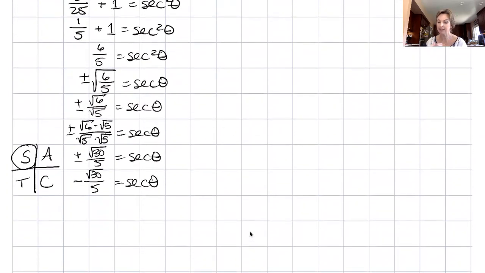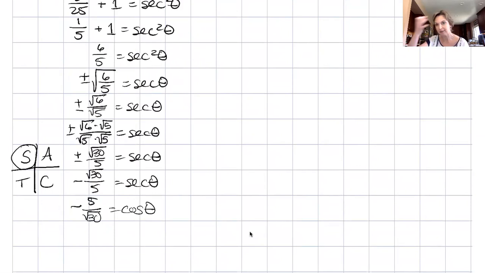So that's secant. We don't want secant though. What we're actually solving for is cosine. So for the final part of this question, we need to take the reciprocal of that. So it'd be negative 5 over the square root of 30. That's actually what we're solving for.